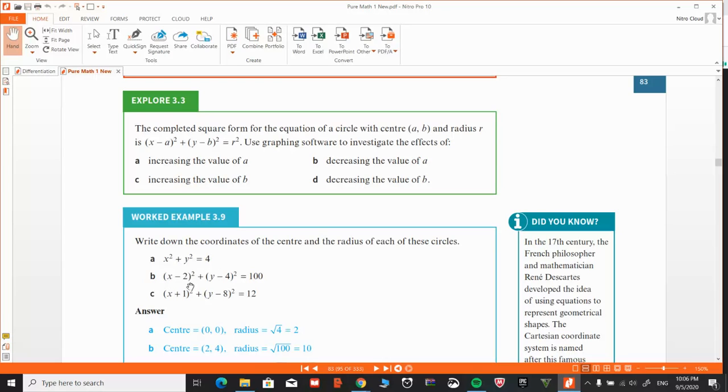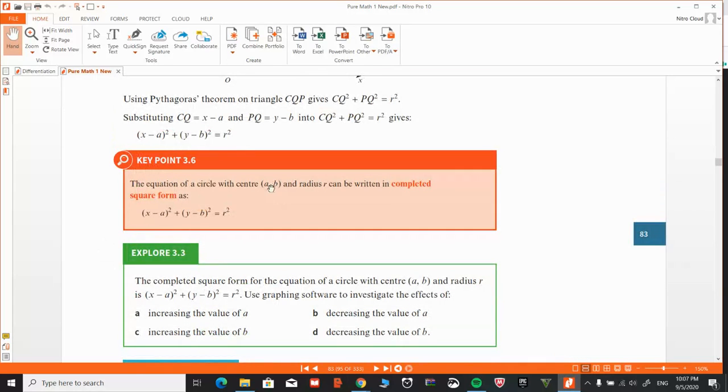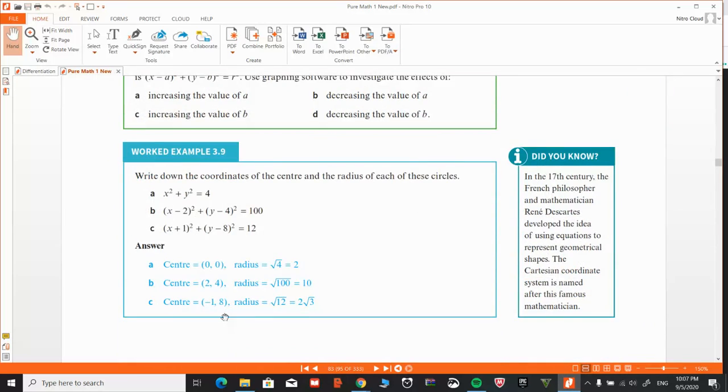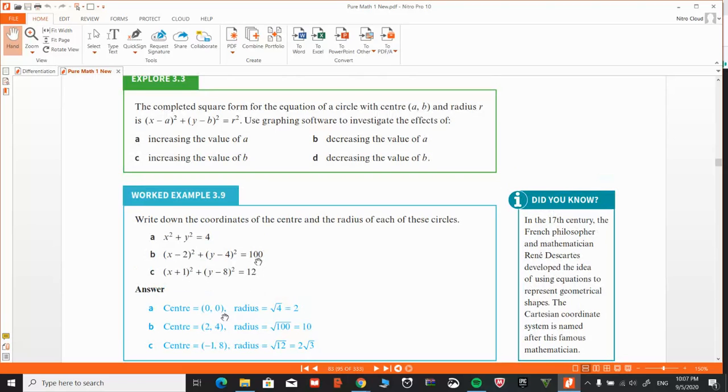And look at the second question. In the second question it's clearly seen that 2 and 4 are the a's and b's of this formula. So the center is 2 comma 4. Okay, and r squared is 100, so the radius is 10.